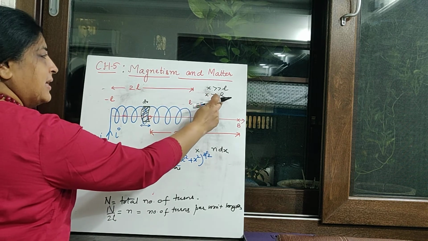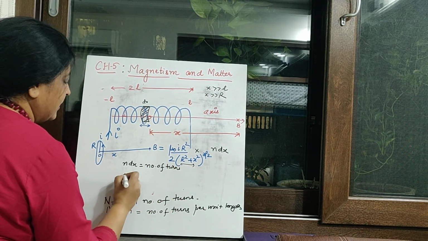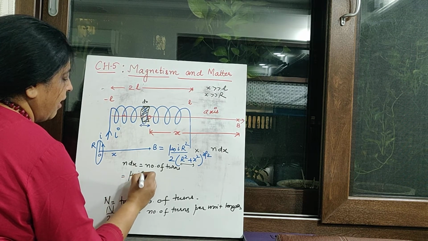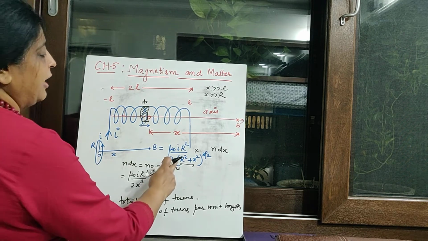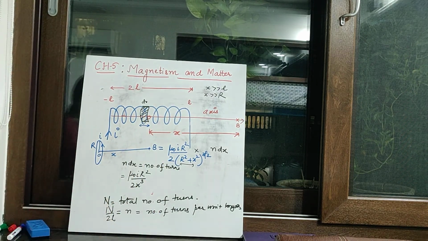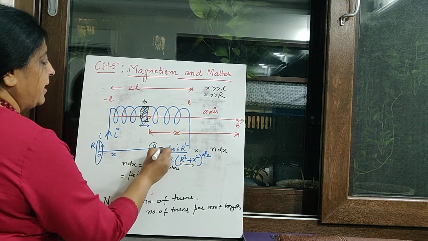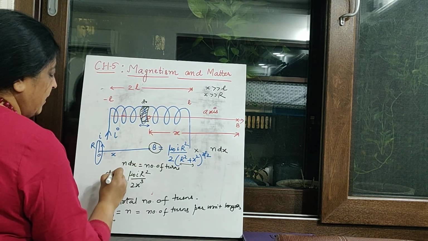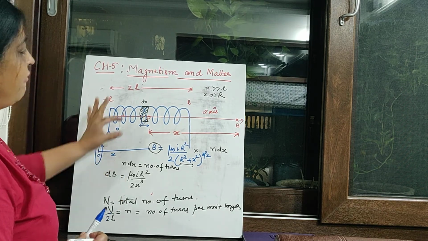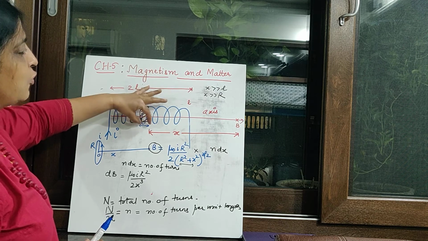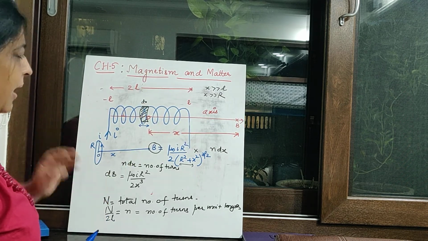So considering this, the expression can be written as mu naught I r square divided by 2x cube only, because we can ignore r square from the denominator. So now I am writing this magnetic field B as dB, because this is a small magnetic field produced by a small portion of the solenoid at this particular point.